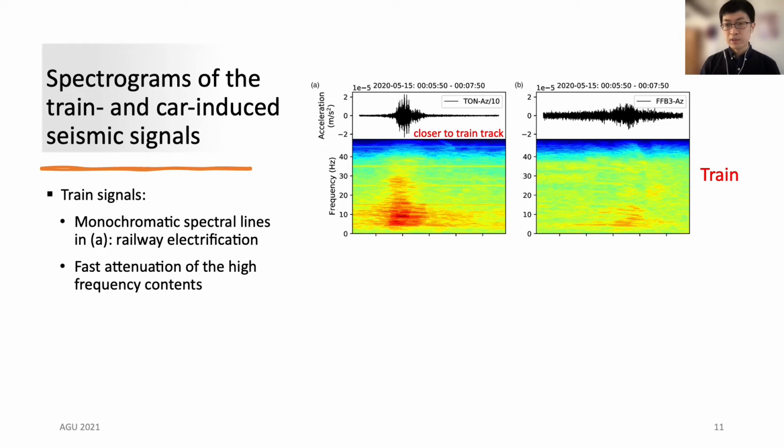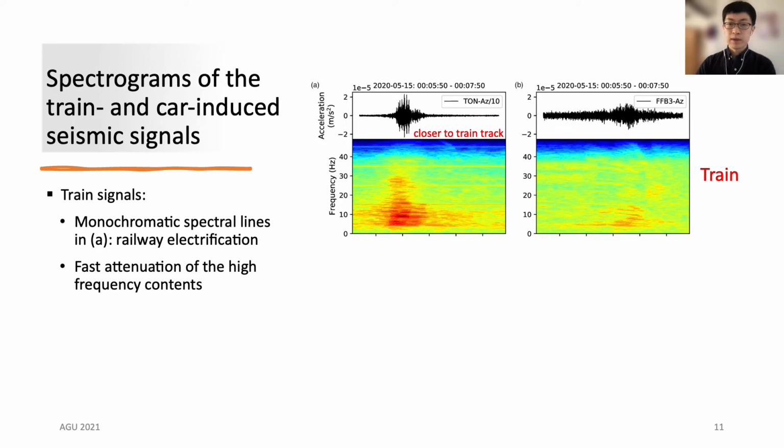The waveform amplitude at station FFB3 is not as visible as that at TON, presumably due to the faster attenuation of the high-frequency contents. However, the lower resonance frequencies at FFB3, for instance 5, 9, 12, and 14 Hz, are kept and are consistent with those at station TON.